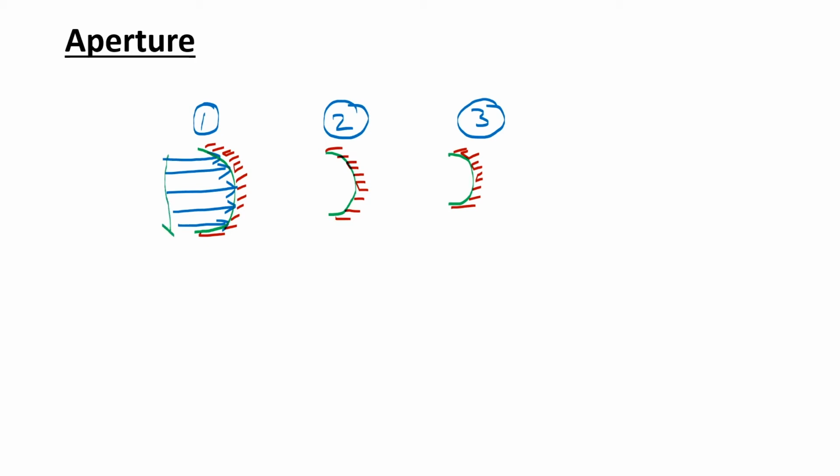That means the length of that spherical mirror, or you can say the diameter of the spherical mirror. For this mirror too, the aperture will be this much. For mirror 3, this will be the aperture. From the diagram you can see the aperture is small for this mirror 3.